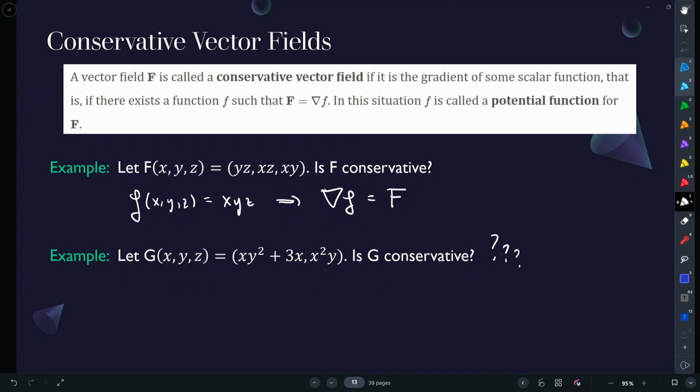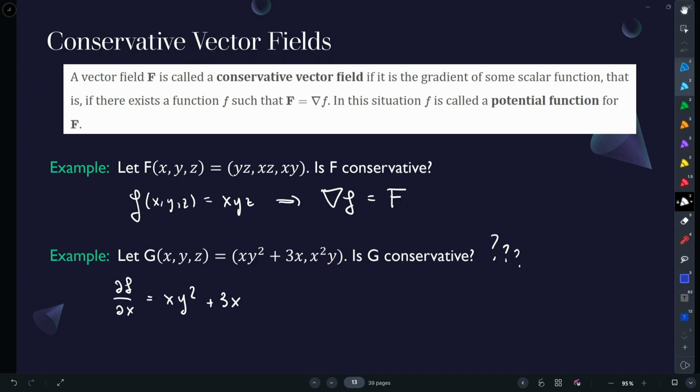So how do we figure out if our vector field is conservative? If so, the derivative of f with respect to x has to be the first component. And then what I know is that if I integrate this with respect to x, just an indefinite integral, that would be the function.